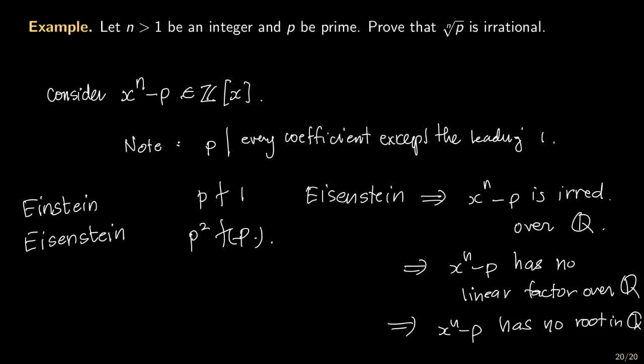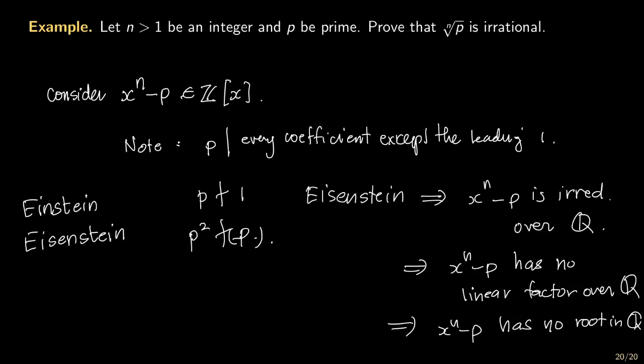The nth root of p is a root, so it cannot be rational. Therefore, the nth root of p, whenever p is prime and n is greater than 1, is always an irrational number.